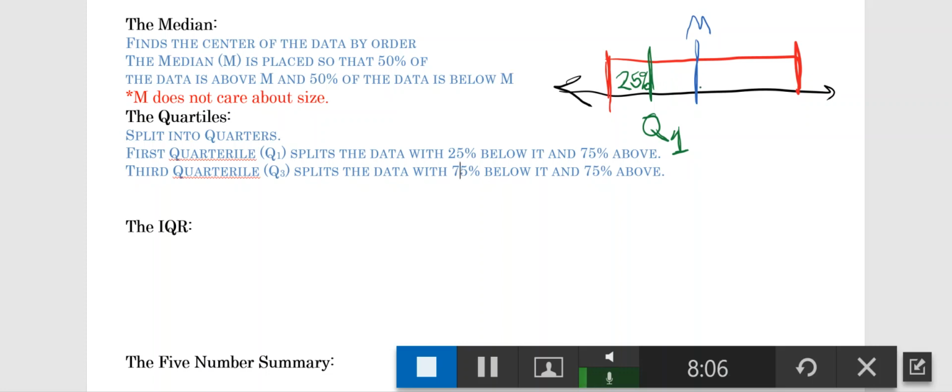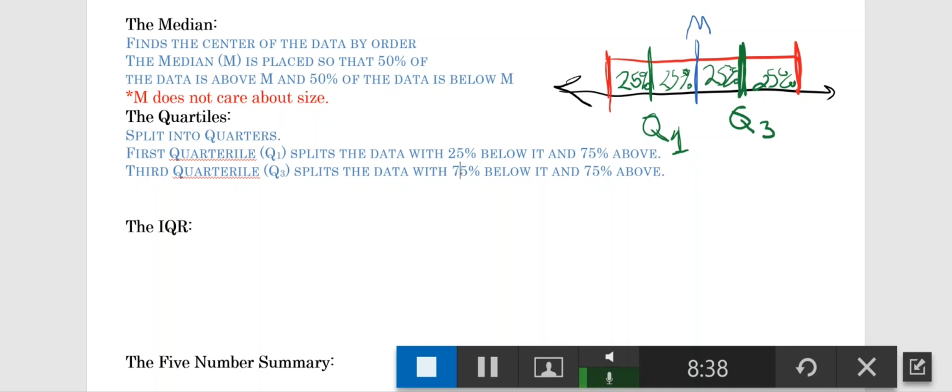Then quartile number 3, this is just bigger, and just live with it, is going to be placed right here, because then I've got the upper 25% right here, and 25% right here, and 25% right here.